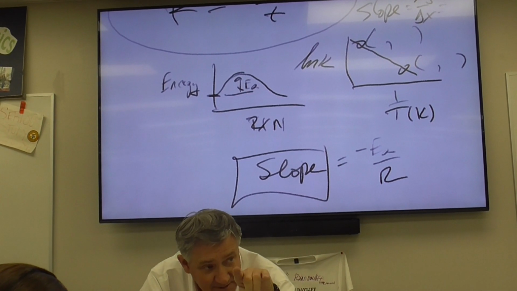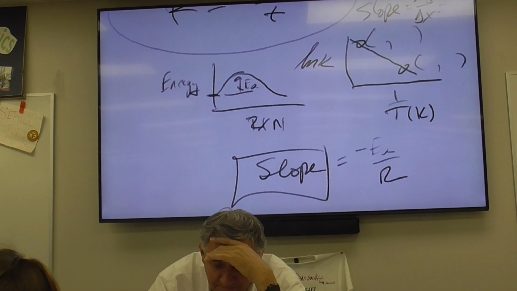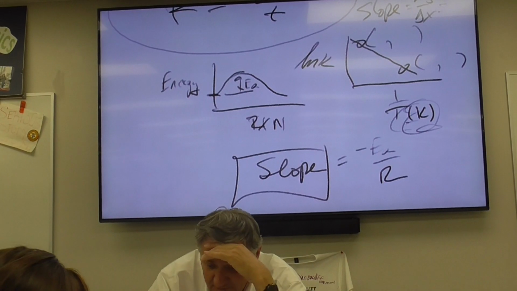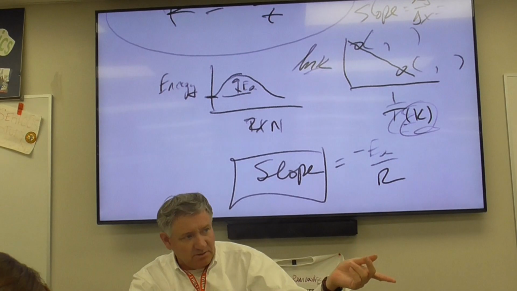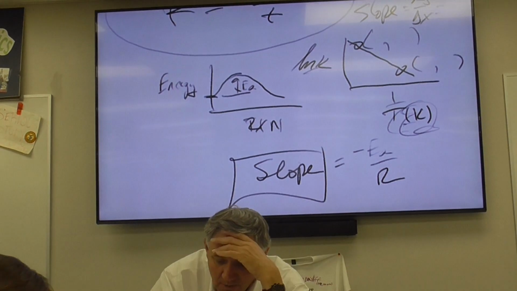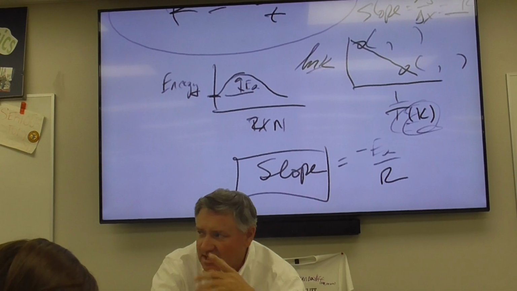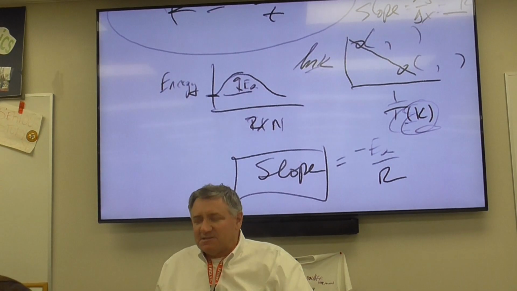Now, here's the wonky part about this, and this doesn't happen very often. The temperature is in Kelvin, and you're graphing 1 over temperature in Kelvin. Natural log has no units, so when you find the slope of the line, the slope actually has units of Kelvin, okay? But that isn't the temperature.